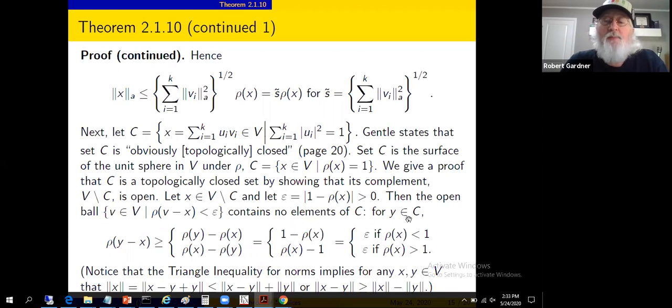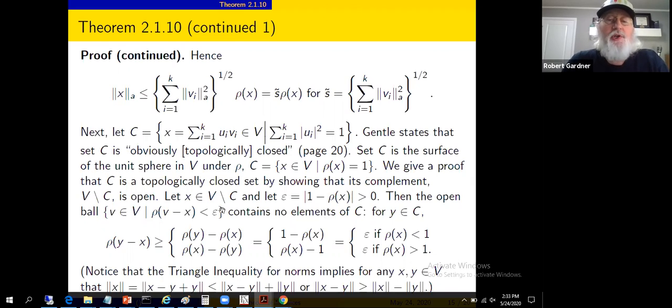So if we take any point on C, the distance between that point and this given point X is greater than or equal to epsilon. In other words, this little open ball of vectors within a distance of epsilon of X contains no elements of C. X was an arbitrary element of V minus C. That's the very definition, using a metric, of an open set.